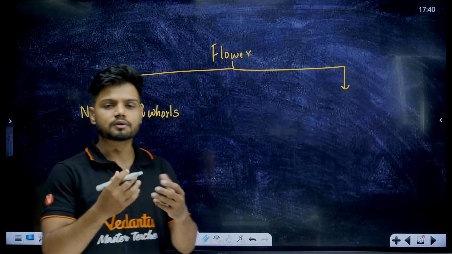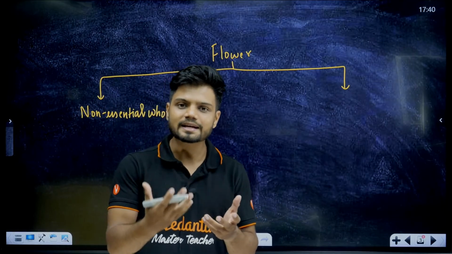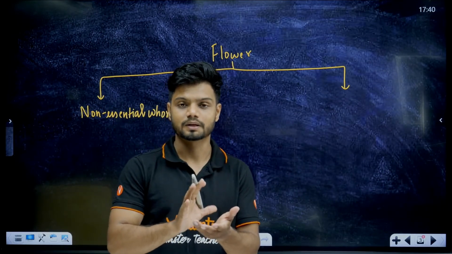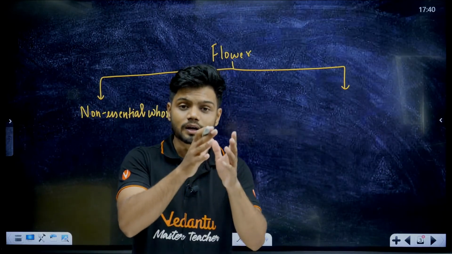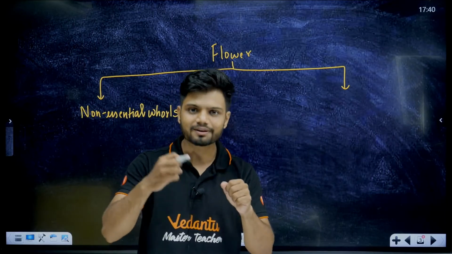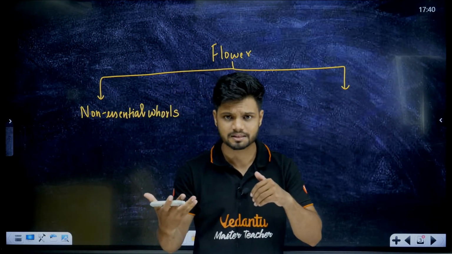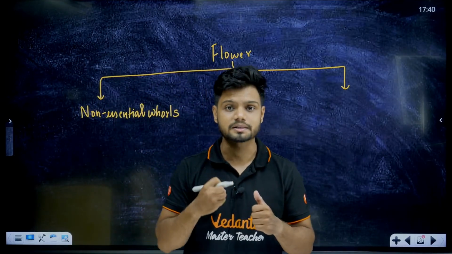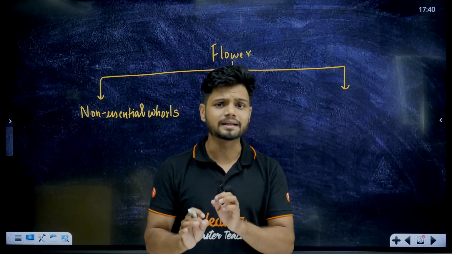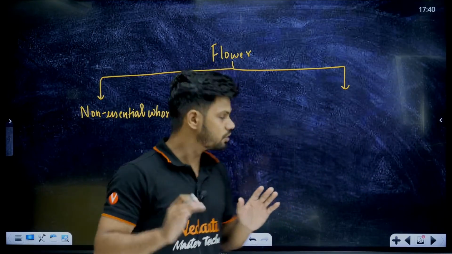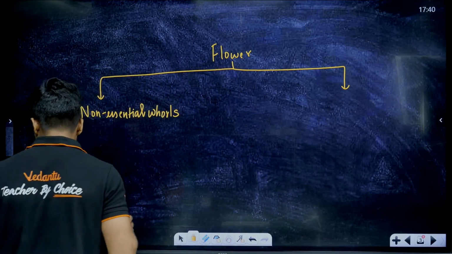Non-essential whorls are the whorls which are technically not required for direct involvement in reproduction. They will have certain indirect aspects. For example, petals will help in attracting the pollinators. But are petals involved directly in reproduction? No.